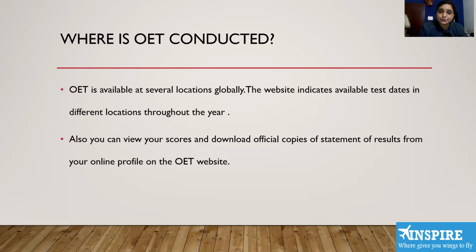Also, you can view your scores and download official copies of statement of results from your online profile on the OET website. While booking your OET exam, you will create an online profile. So on the result publishing day, you can download or view your score in this online profile.